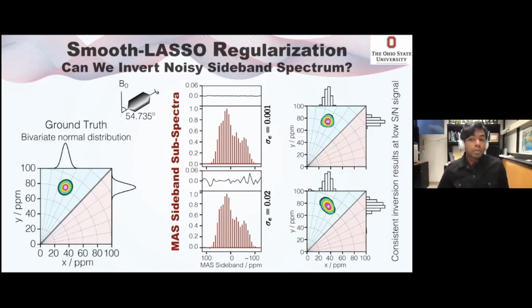The same thing holds if you have contamination in terms of the kernel. If I have a kernel which is only sampling for CSA sidebands, but you have dipolar sidebands, that will also lead to broadening or unwanted peaks. So that is something that we can't quantify at the moment.